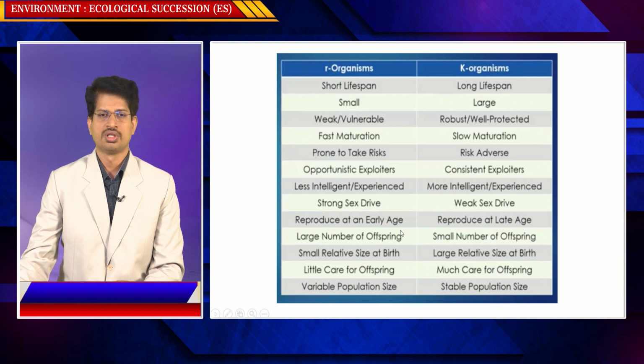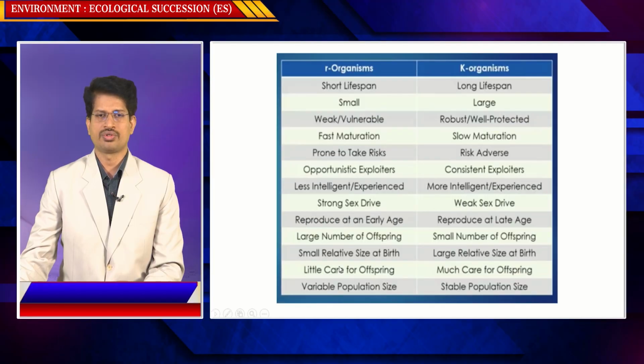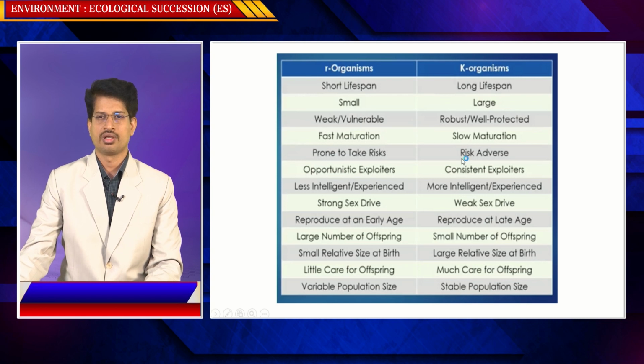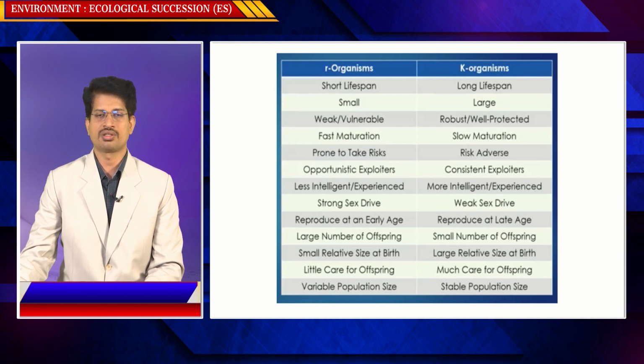These are the fundamental differences between R selection organisms and K selection organisms. In this process, the parental care in K organisms is of longer duration, whereas in R selection, the care is less.